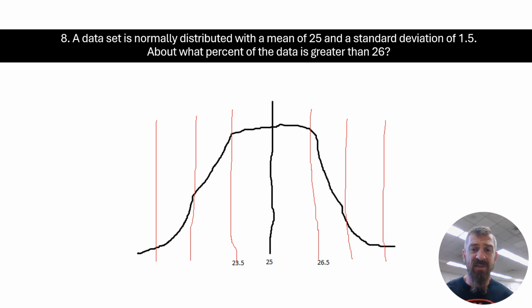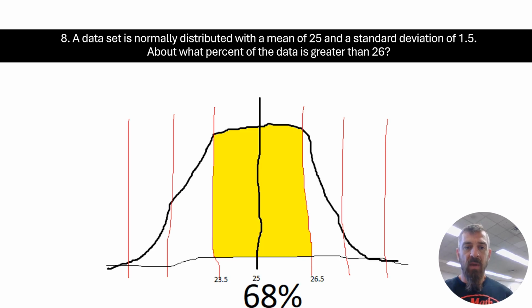Our standard deviation is 1.5. So you'll see 26 doesn't exactly line up well with any of our standard deviations, but we're going to talk our way through what we do for that. The empirical rule does tell us that 68% of our data falls within one standard deviation. 95% of our data falls between two standard deviations.